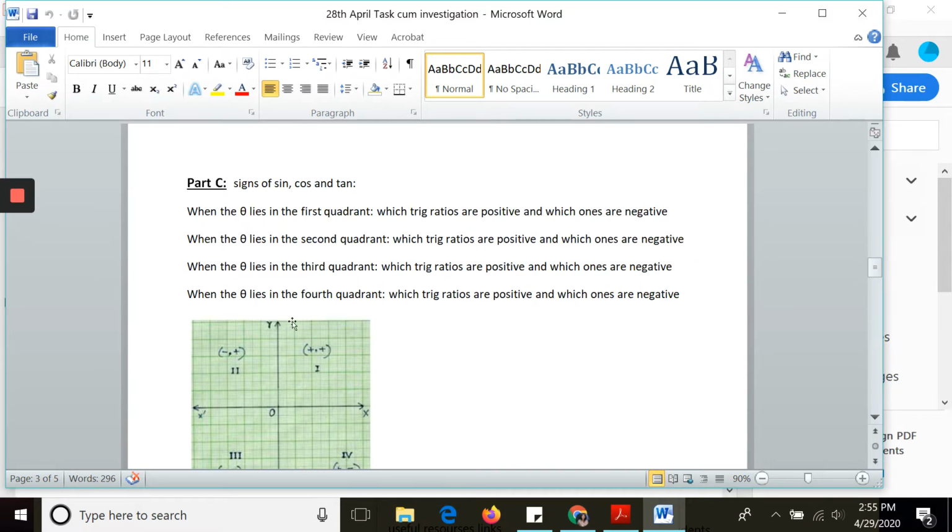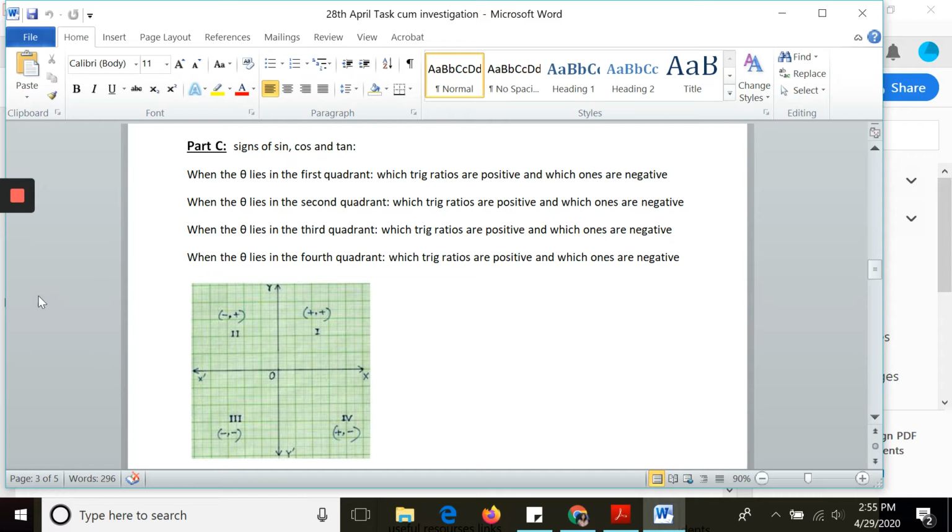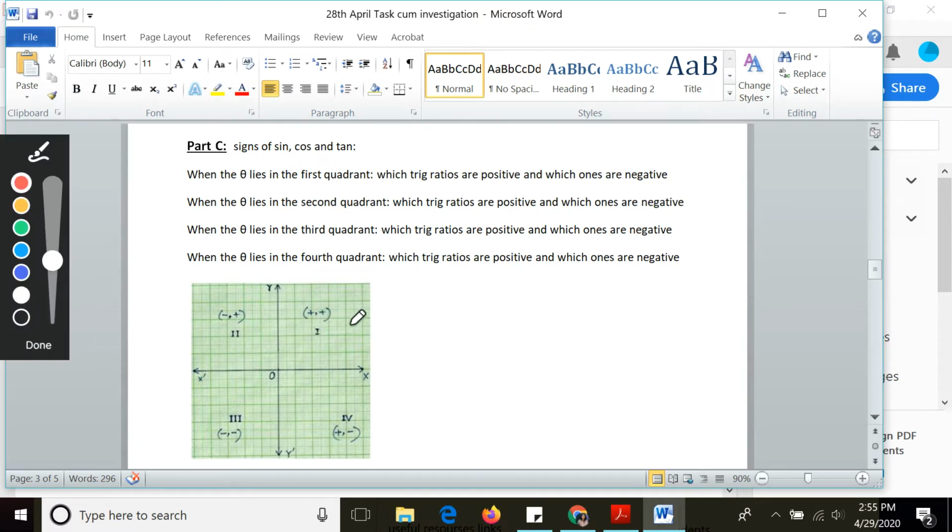And then in part C, I asked you which trig ratios are positive and negative. So I hope that you noticed that the first quadrant means between 0 to 90 degrees.